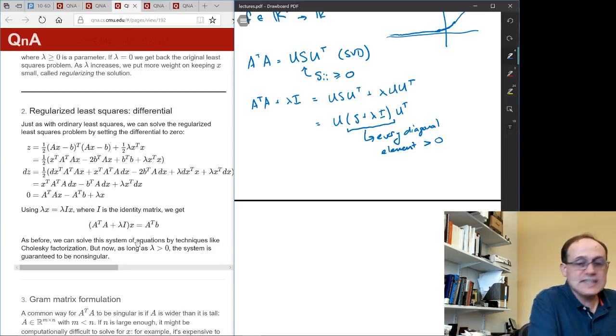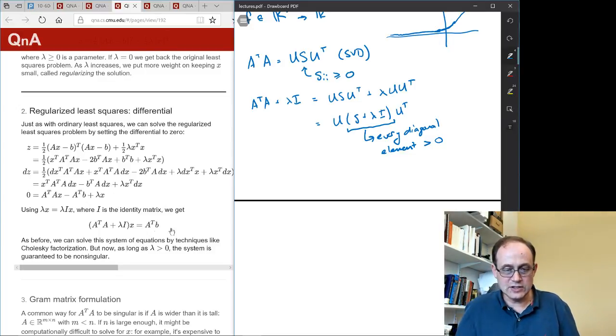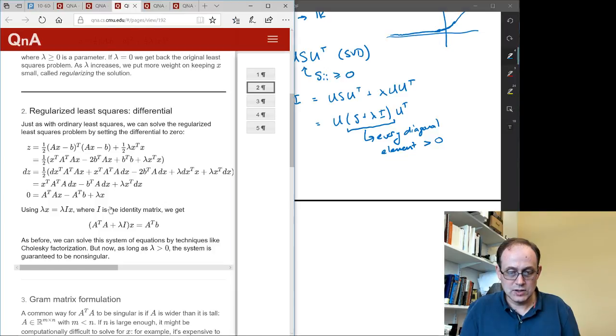There's another question here. When we set dz, so here's dz, this expression here, when we set dz to 0, dx is a variable; it can be anything. And so the only way for this expression, dz, to be 0 all of the time, no matter what dx is, is for the coefficients of dx to sum to 0.